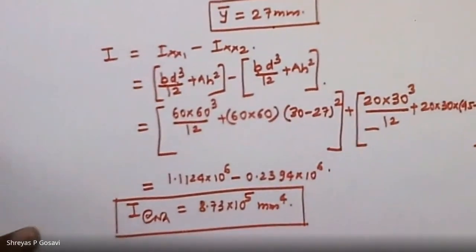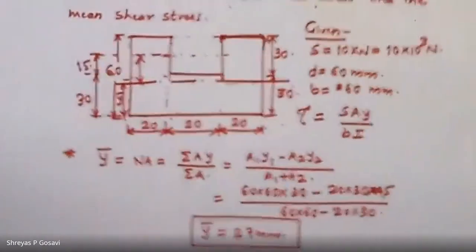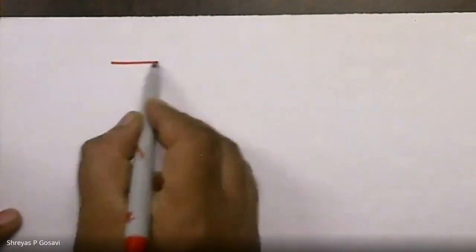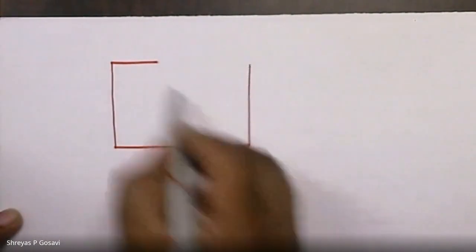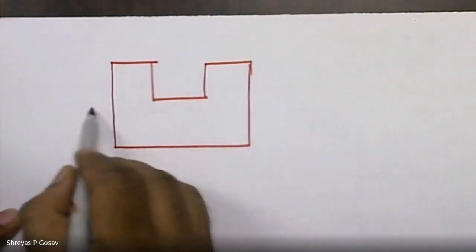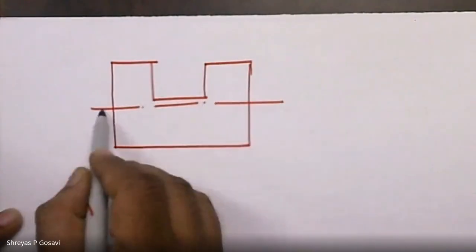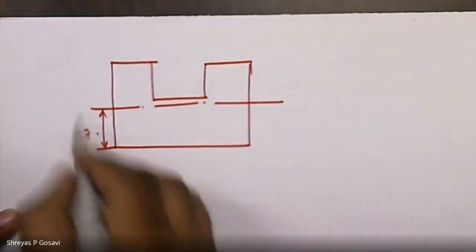Okay. Now we'll compute the value of the shear stresses. So I'll redraw the section once again. This is the location of neutral axis, which is at 27 millimeters from the base.